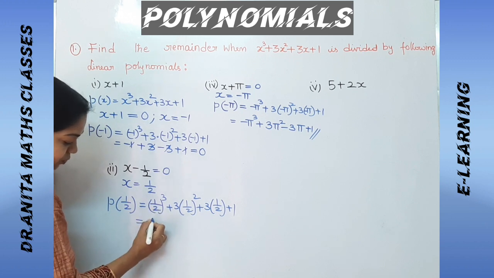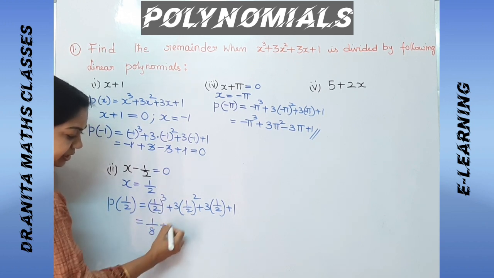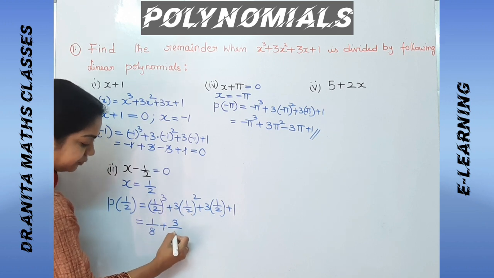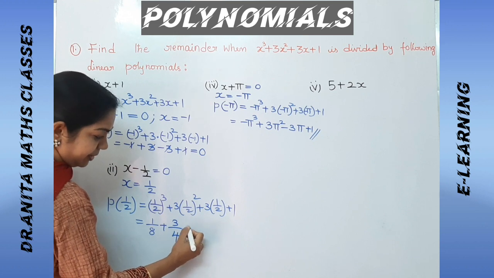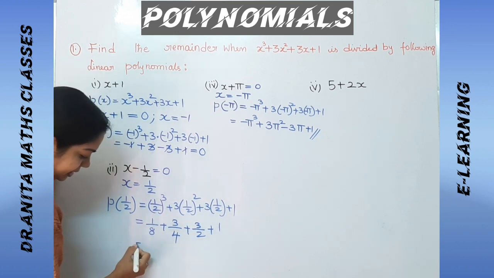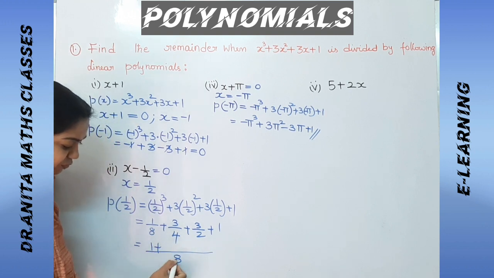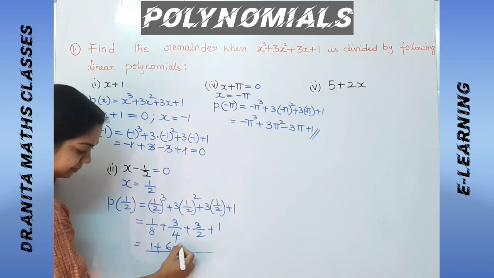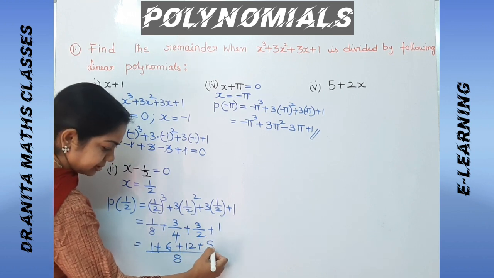That comes to 1 by 8, since 1 cube is 1 and 2 cube is 8, plus 3 by 4, since 3 into 1 is 3 and 2 square is 4, plus 3 into 1, 3 by 2, plus 1. Let's take the LCM, 8. So this is 1, 4 twos are 8, so 6 plus 2 fours, so 12, so 8.